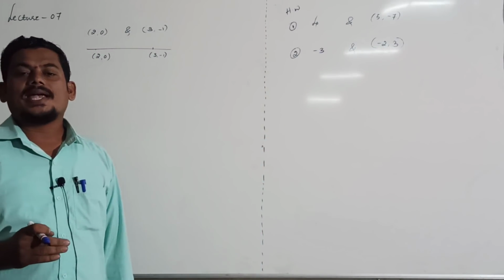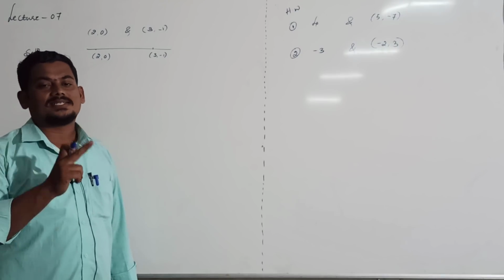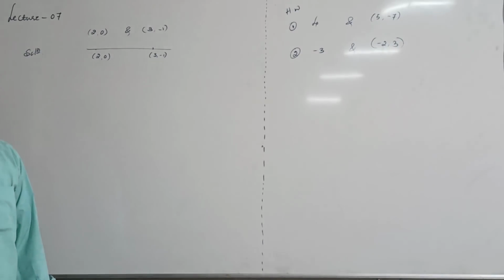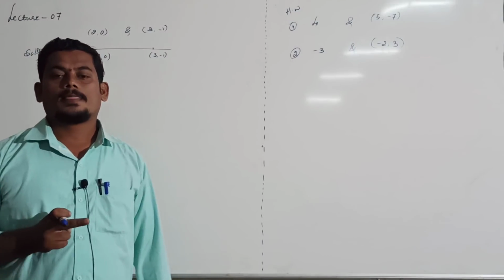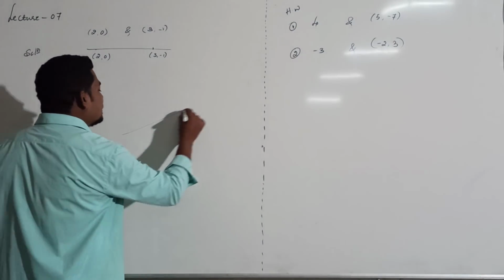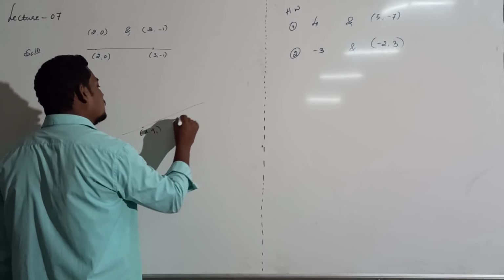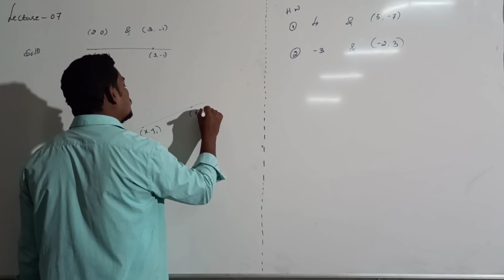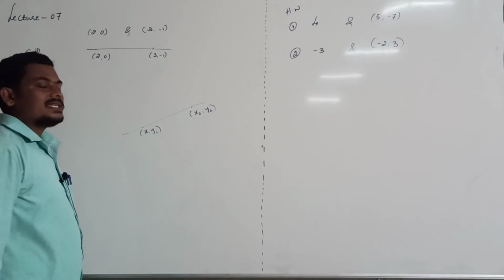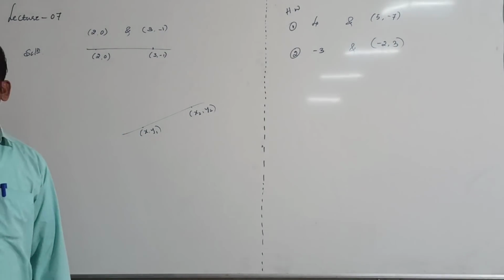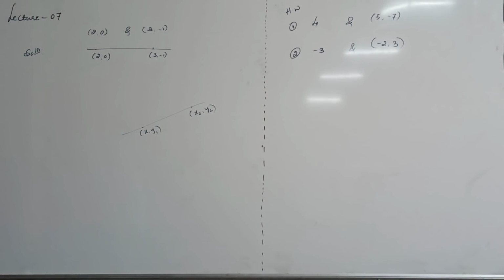The 2-point formula. Whenever 2 points on the line are given, that is (x1, y1) and (x2, y2). Tell me what is the formula?